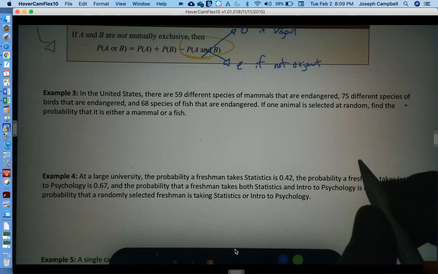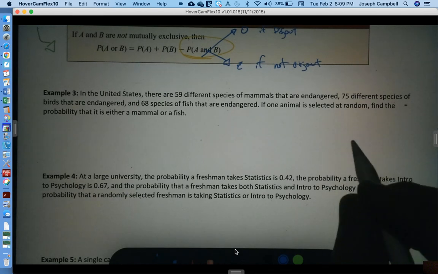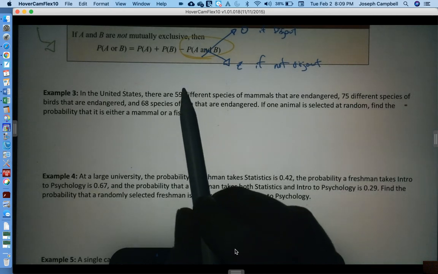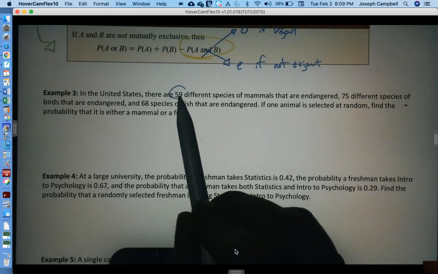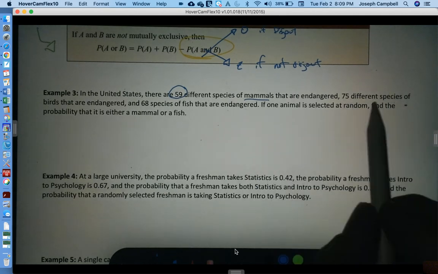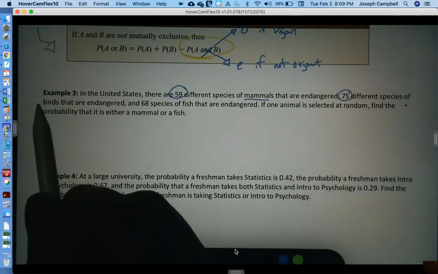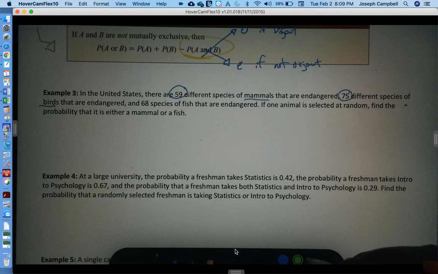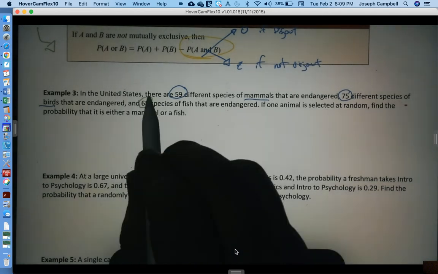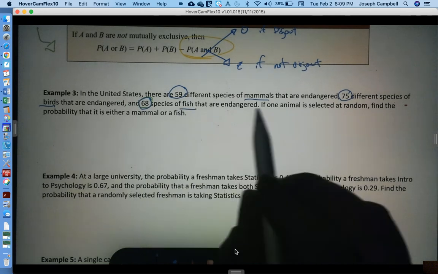All right, so let's think about this. 59 different mammals are endangered, 75 species of birds, 68 species of fish.